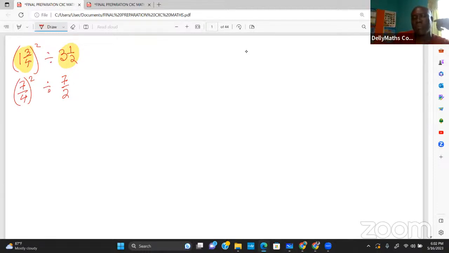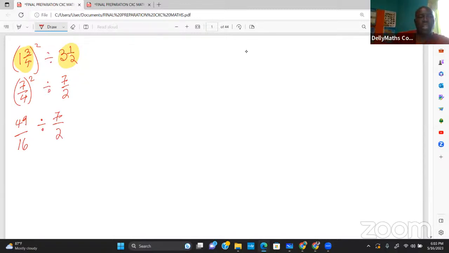When you square, it simply means that the 7 will be squared as well as the 4. So we're going to get 7 sevens, 49, over 4 sixteens, 16. That is what will be divided by 7/2.